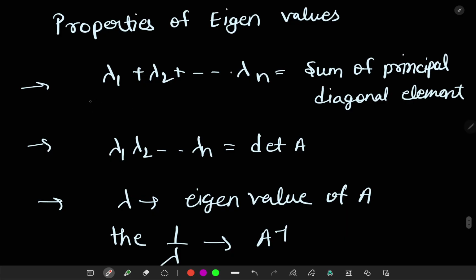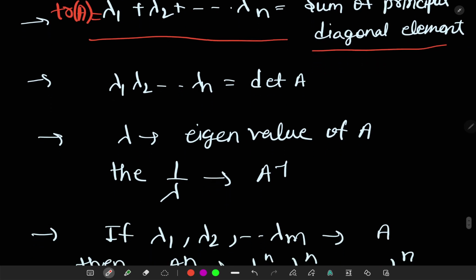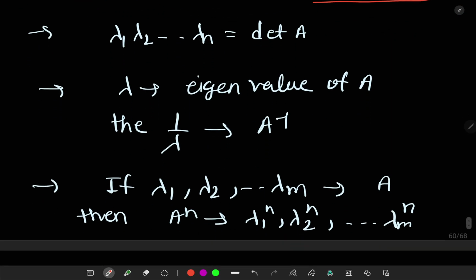The sum of all the eigenvalues is equal to the sum of the principal diagonal elements, or trace, of the matrix. The product of the eigenvalues is equal to the determinant of A. Another important property: if lambda is an eigenvalue of A, then for the inverse of the matrix, A inverse, the eigenvalue is 1 by lambda.